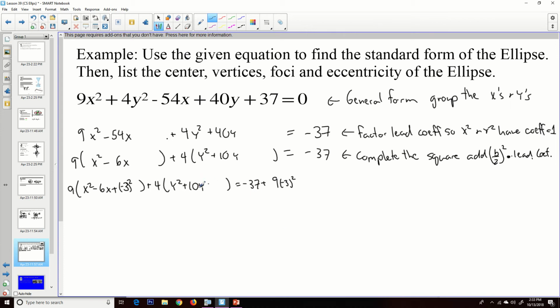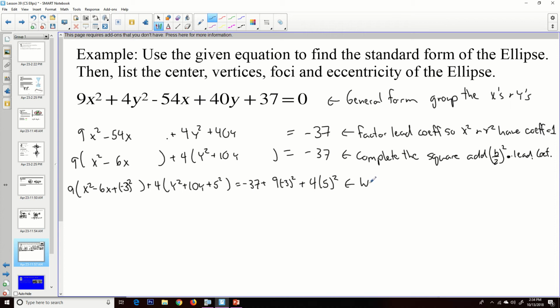Similarly, half of 10 is 5, so I'm going to add 5 squared. But it's inside the parentheses, so that's multiplied by 4. When I come over here to add that, it'll be 4 times 5 squared. All right, so now I've completed the square.